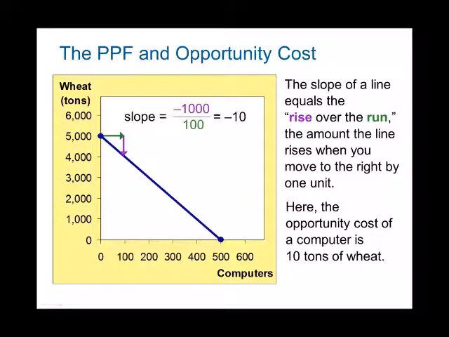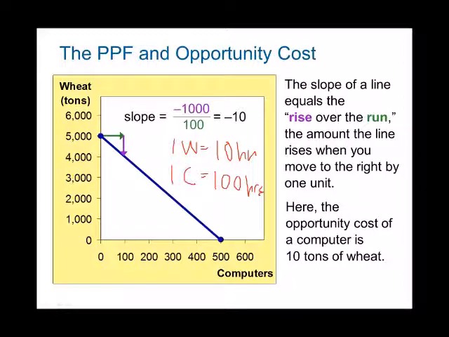Another way, if you wanted to look at it, is we know that the production technology is, if you produce 1 ton of wheat, you need 10 hours. Sorry, my handwriting's horrible. Now, if you produce 1 computer, you need 100 hours. So let's think about it this way.